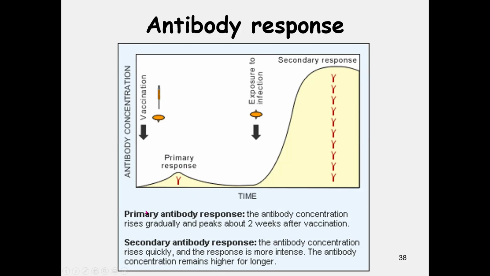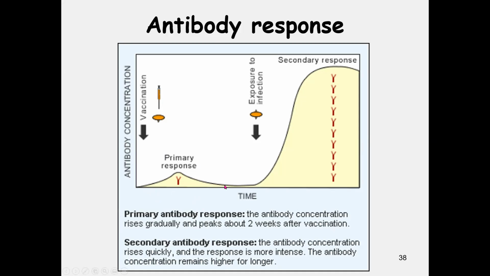So we get our COVID shot, or we get our flu shot, and we get a small response of antibodies. But the memory cells are there. They weren't there before. It's a very small number of memory cells, but they get quite a few. And then after a bit of time, they wane off.